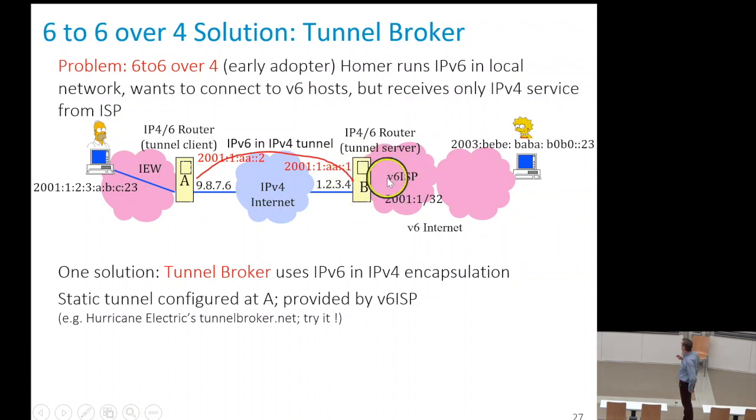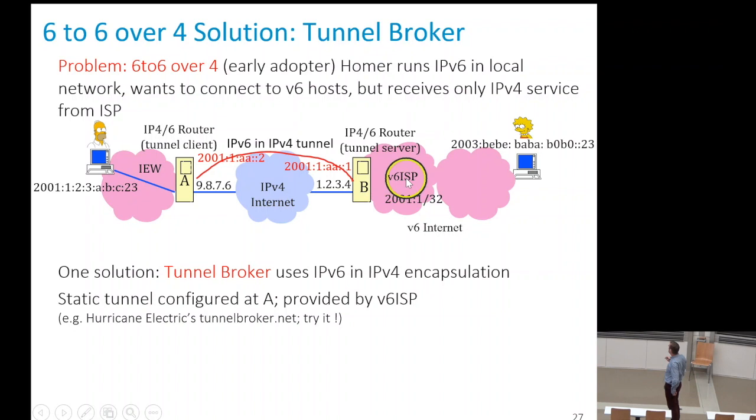So they provide a router, it's a bit like Homer's router a few minutes ago, that is connected to their IPv6 internet and is also connected to their IPv4 internet with a well-known address, for example, 1234. Then if you want to interconnect your PC or even your entire local area network, you ask them to get a tunnel.